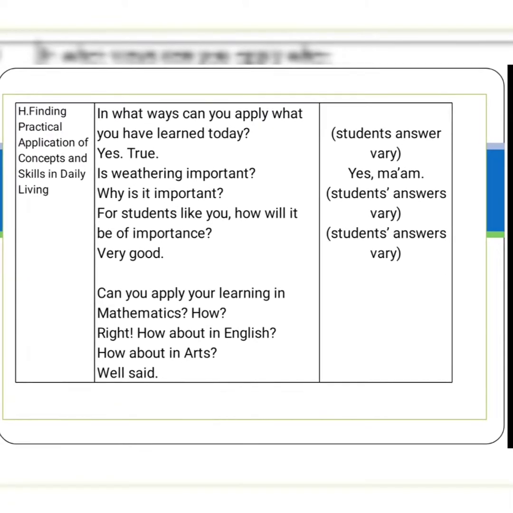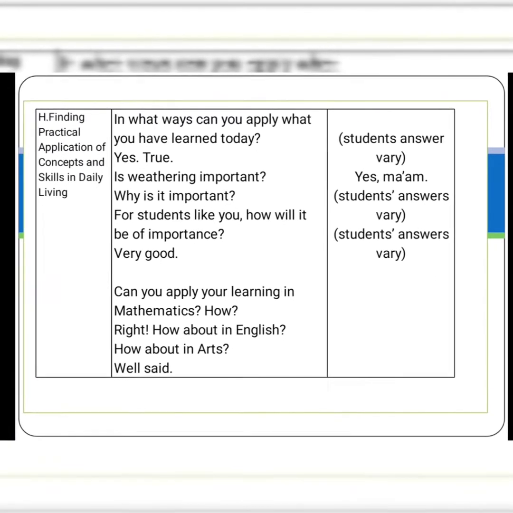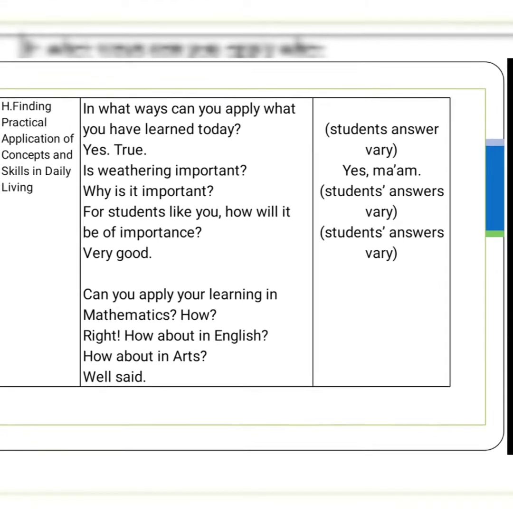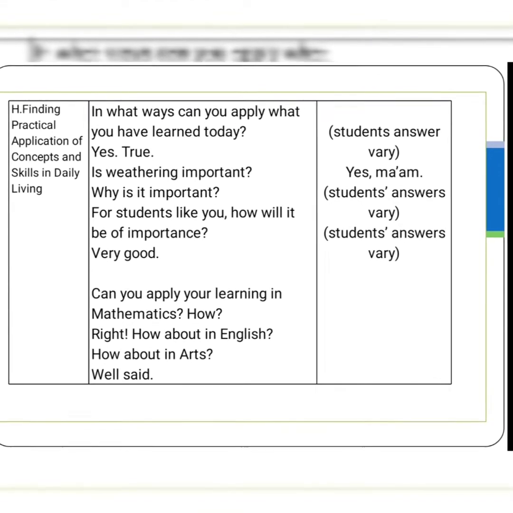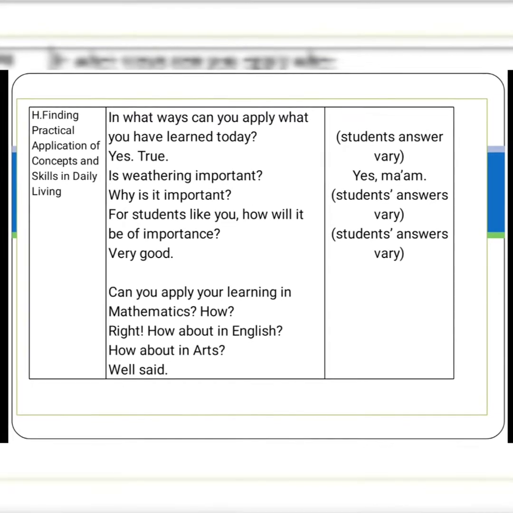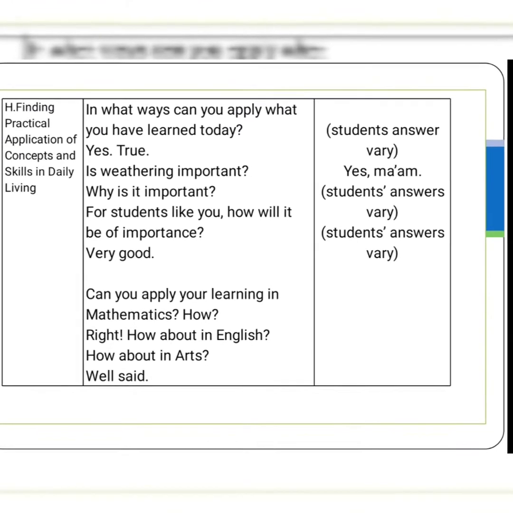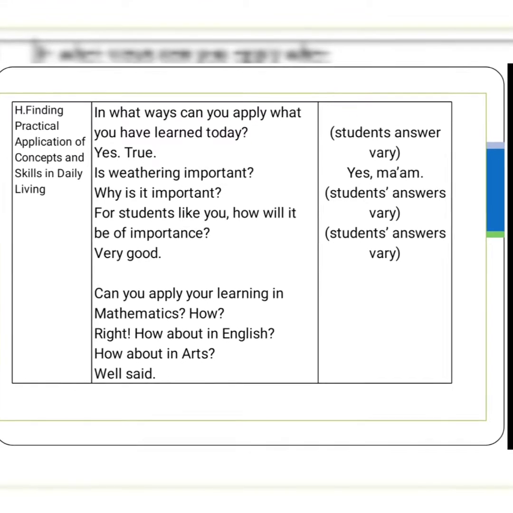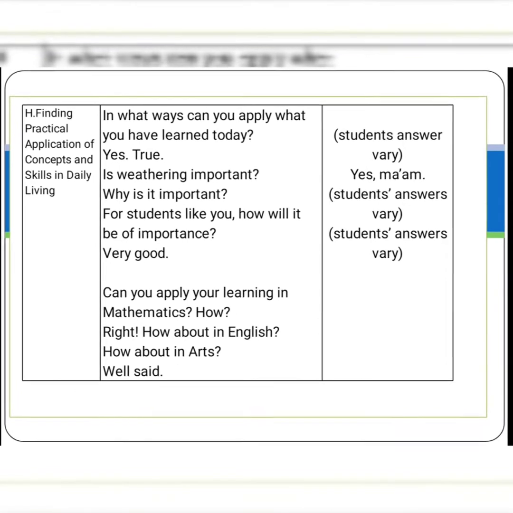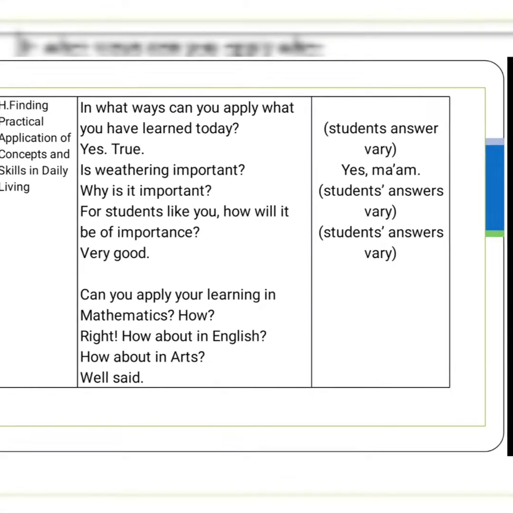So at this point, the teacher is asking the students on the application of the things that they learned to real life situations. Like, how can you apply your learning in this area? Is weathering important? So let the students answer.